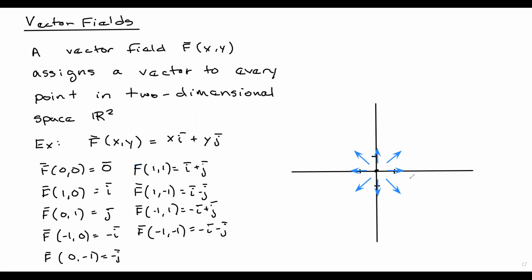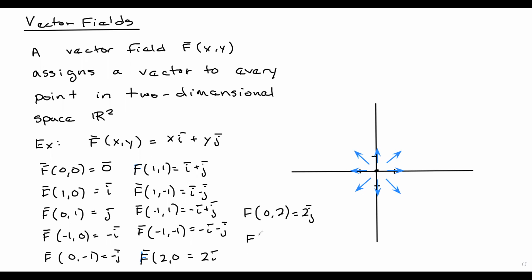Okay, and of course you could keep going beyond that. You could find f of 2 comma 0, and that would be 2i. And you could do f of 0 comma 2, that would be 2j.